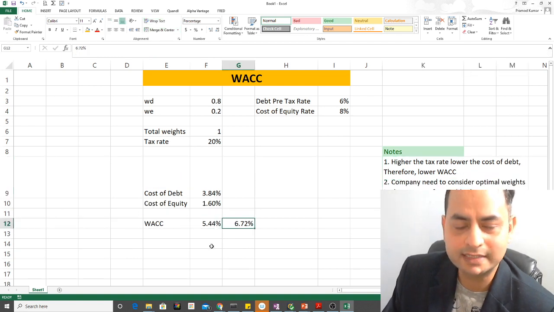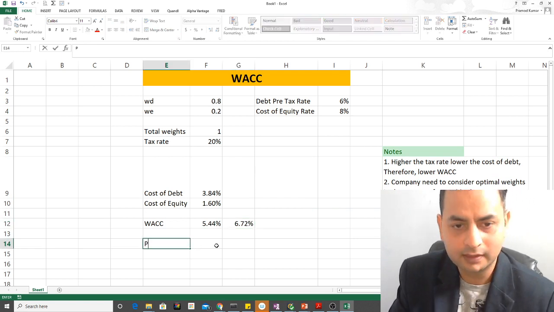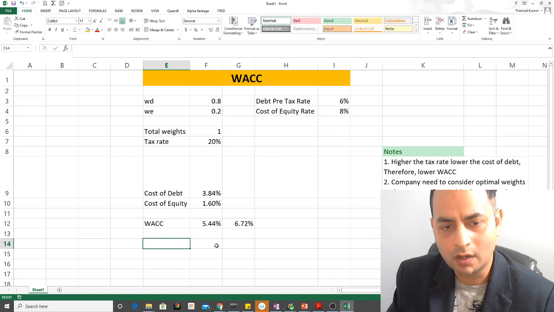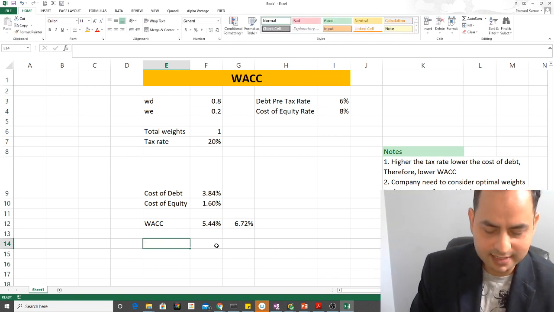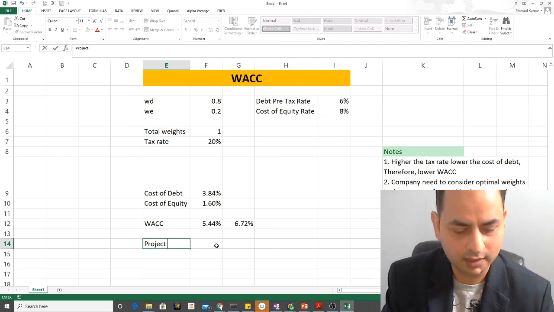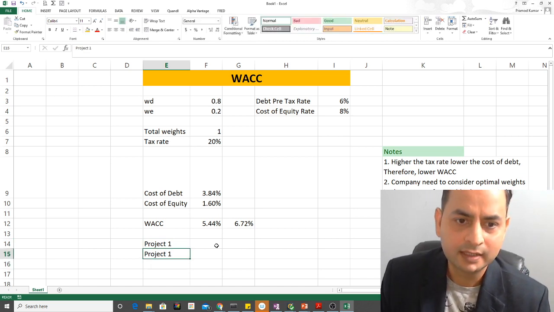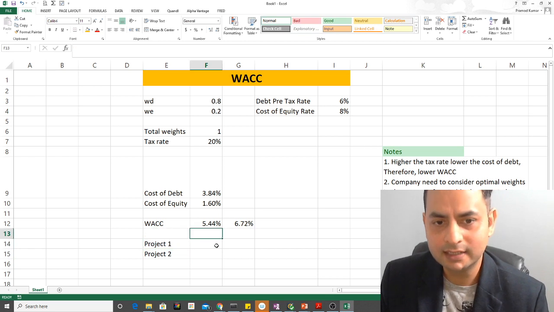The next point which I have seen: let's assume there is a project. The company has two projects, project 1 and project 2.